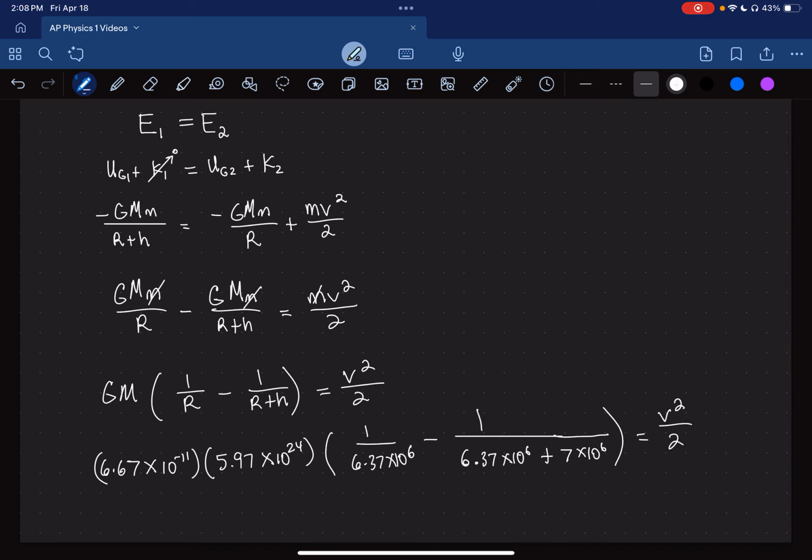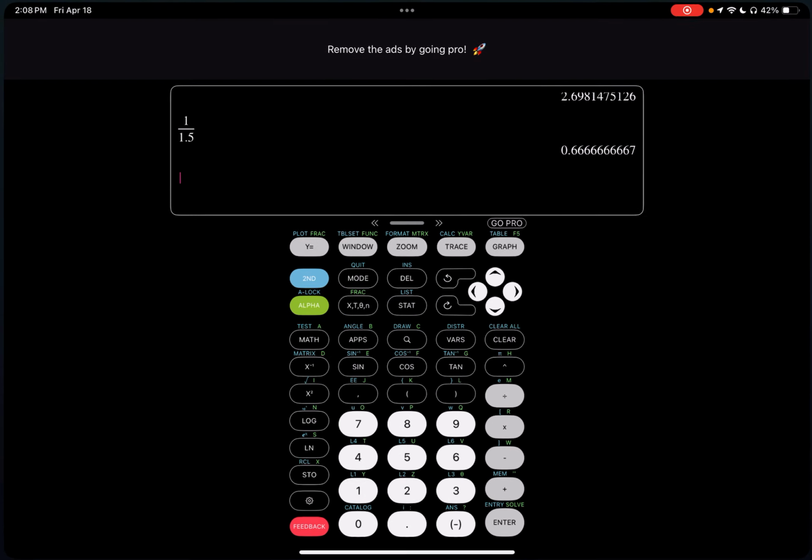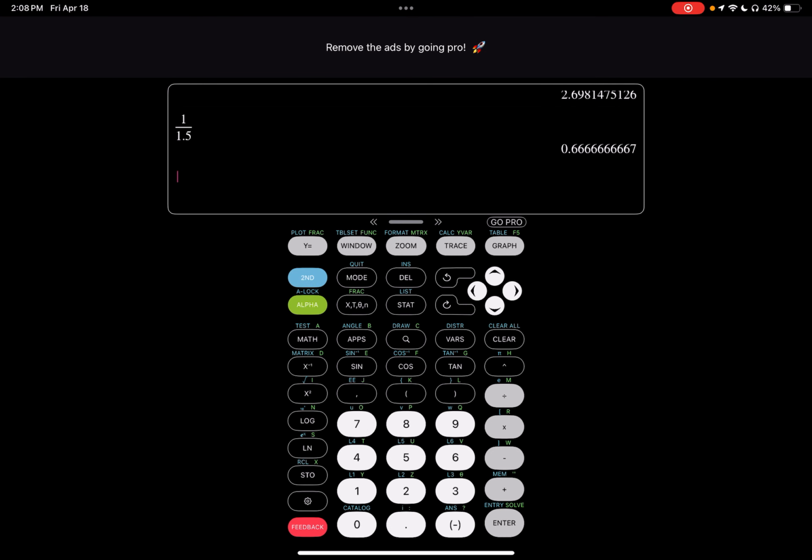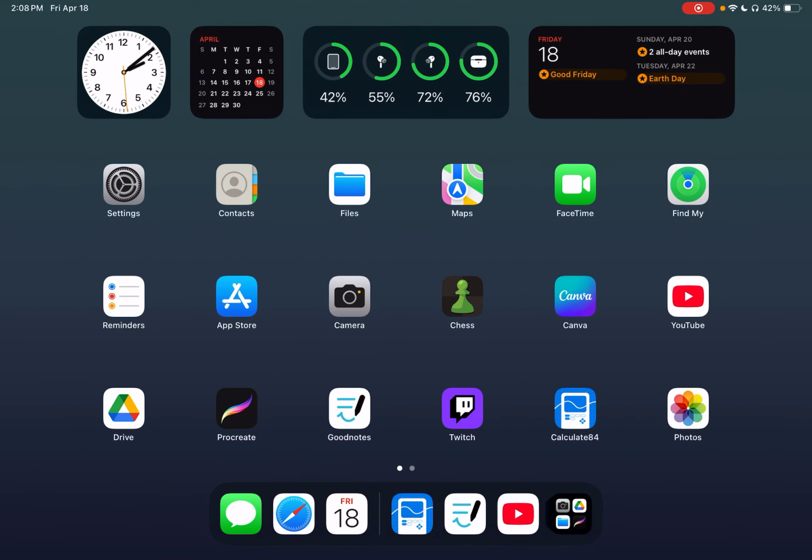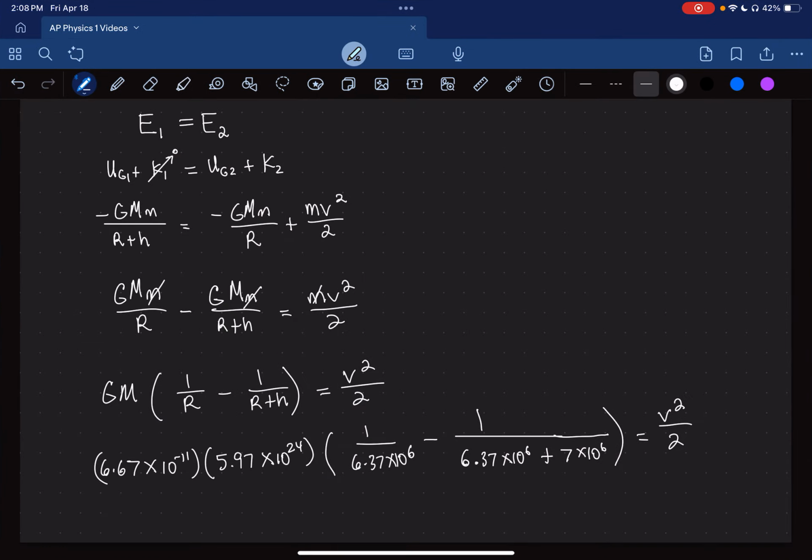I could have multiplied everything by 2 as well. Let's see if this will save us any time. Mass of the Earth, 5.9724.